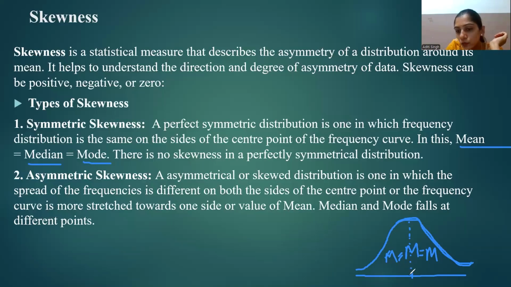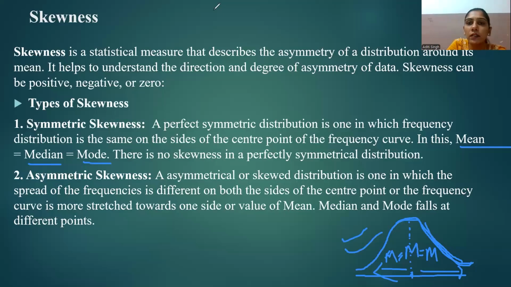The distance from this center point towards the left side and towards the right side is equal. The curve is equal on the left side and on the right side. So basically this is symmetric skewness.